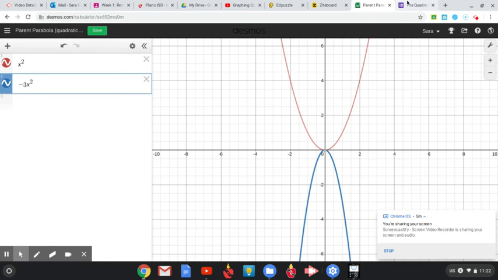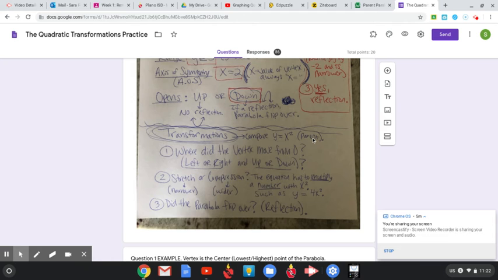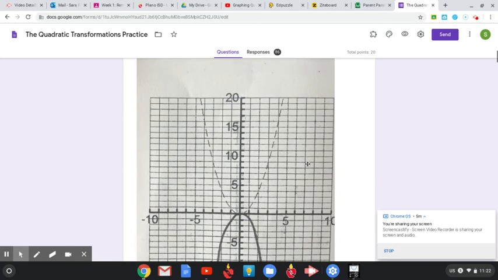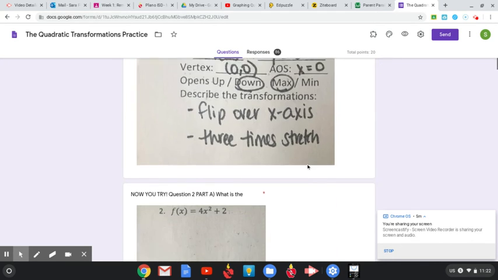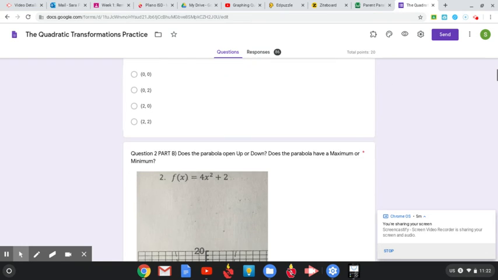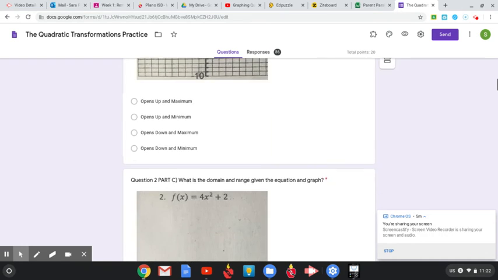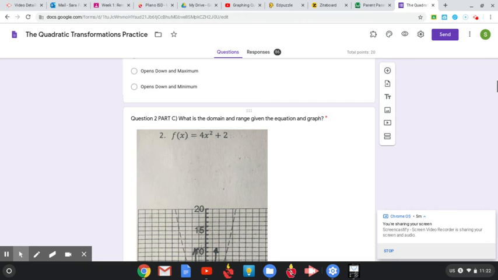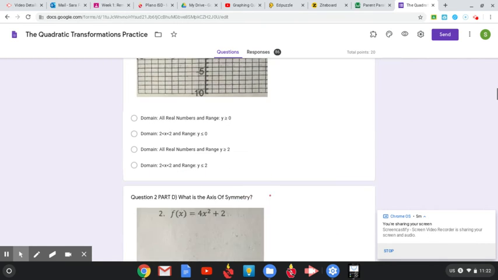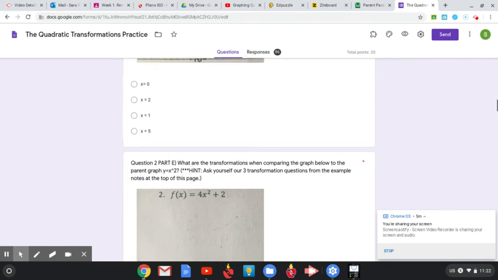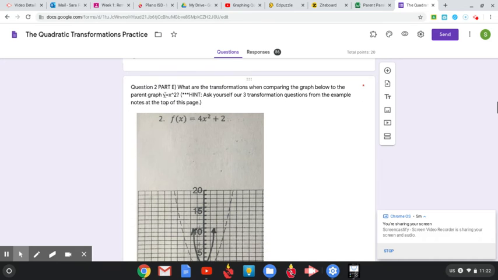So now let's try another one before we go on to the other pieces. Let's just do another one like that. On your form, it's going to be question 2, part E. We have 4x squared plus 2.